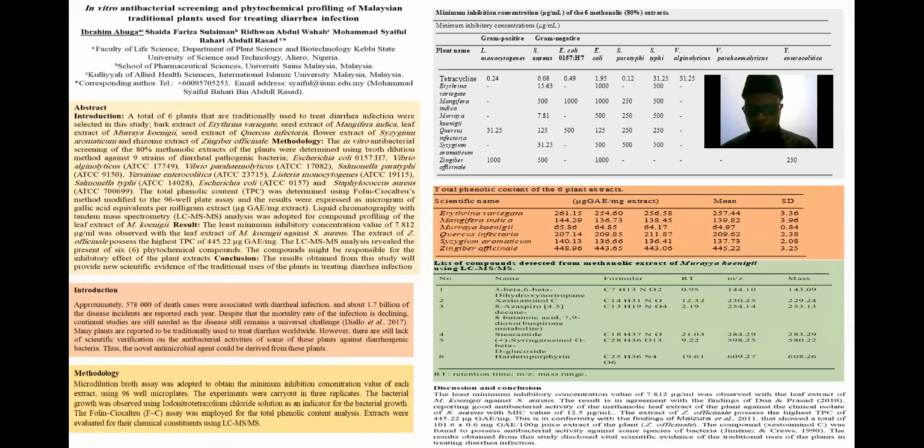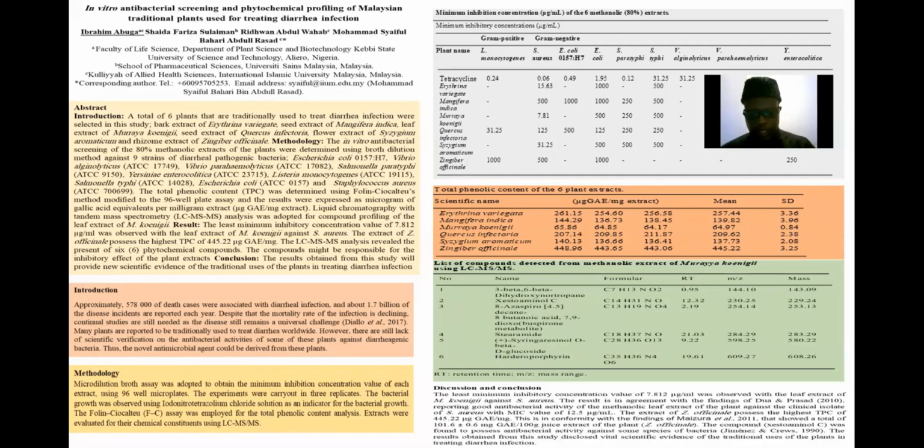Methodology: the methodology adopted for the antibacterial screening was the microdilution growth assay using 96-well microplates. For the total phenolic content, the gallic acid assay was employed, and the extracts were evaluated for their chemical constituents using liquid chromatography with tandem mass spectrometry.